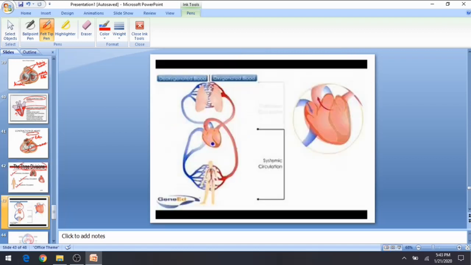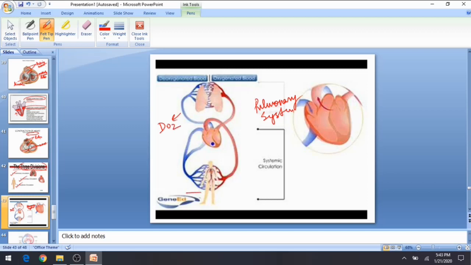If we look at this diagram, it will simplify things and make it easy to understand the pulmonary and systemic circulation. The pulmonary circulatory system is this one, the upper part. In it, this blue line carries deoxygenated blood.